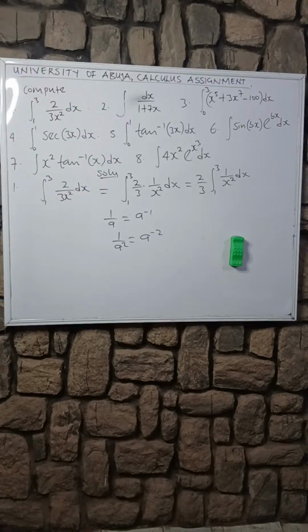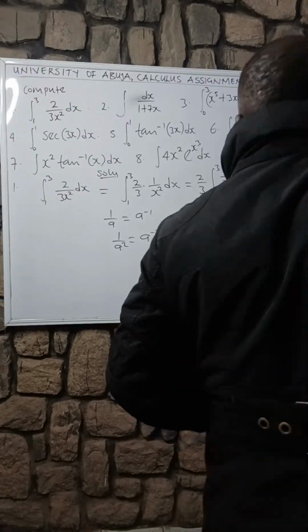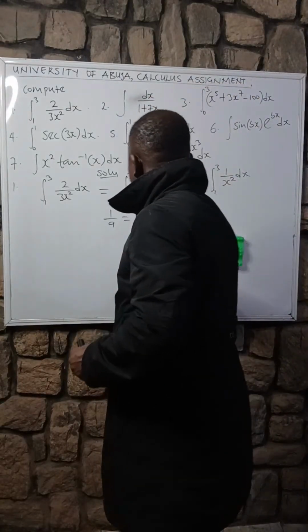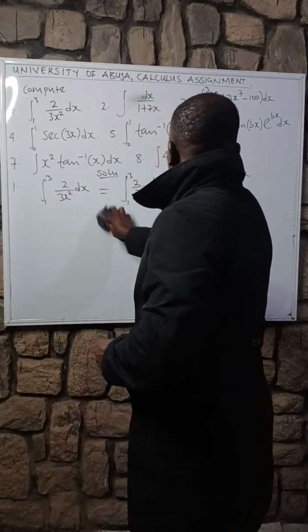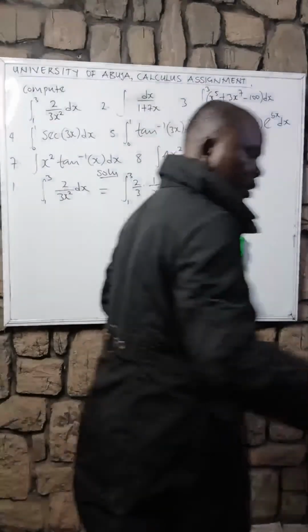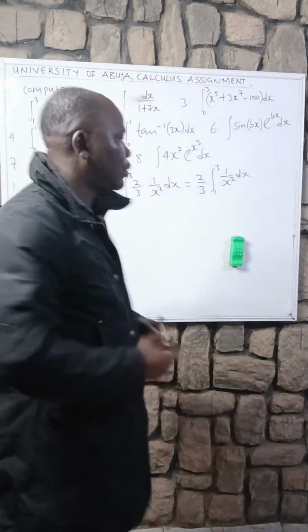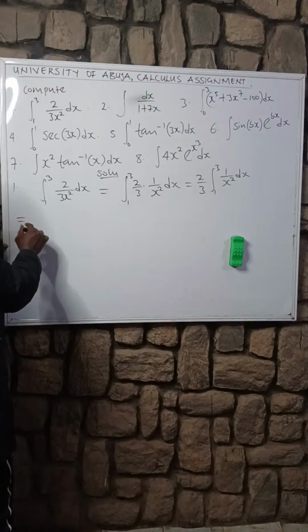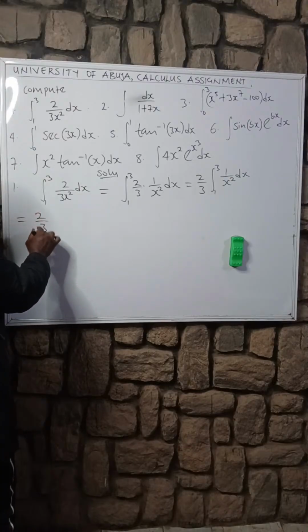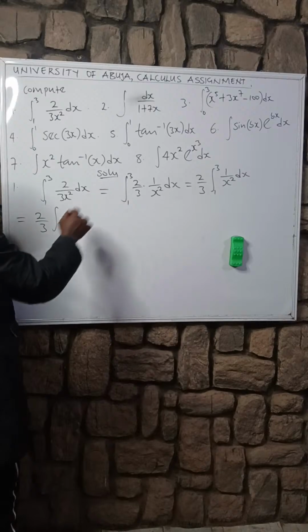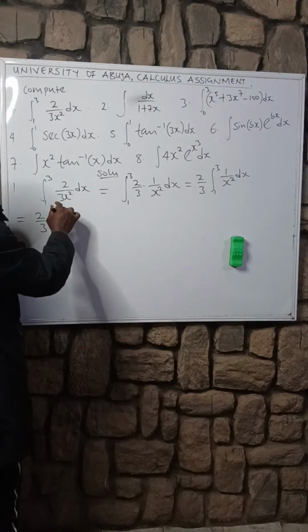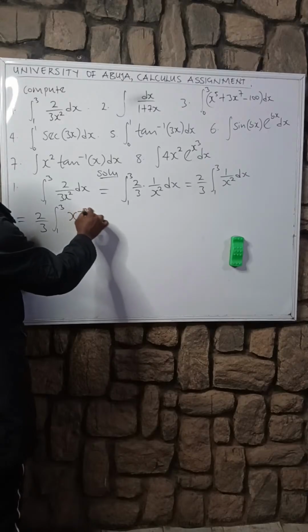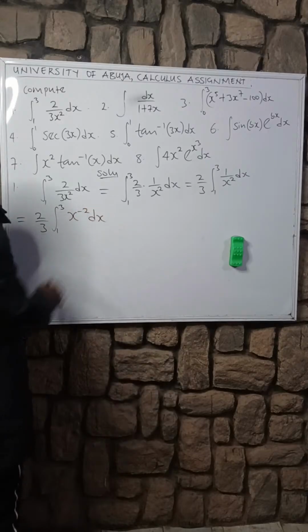Okay. If you agree with me, it means we can rewrite this in this form so that we'll be able to integrate this function. So this is equal to 2 all over 3 integral 1 to 3 of x raised to the power of minus 2 dx.